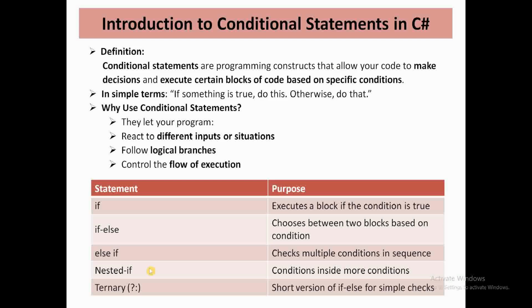Nested if means suppose we already implemented an if else condition and we want to provide another if else statement inside the if condition. So we can do this with nested if else, meaning conditions inside conditions. Last one is ternary operators, which I think we covered in our last lecture. It is a short version of if else statements. We can check this with examples.